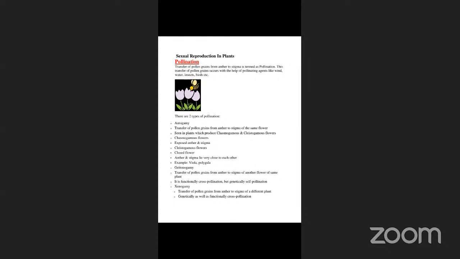Different types of embryo sac in angiosperms: Drusa tetrasporic type, Peperomia tetrasporic type, Penaea tetrasporic type, and so on. All these are types of embryo sac.